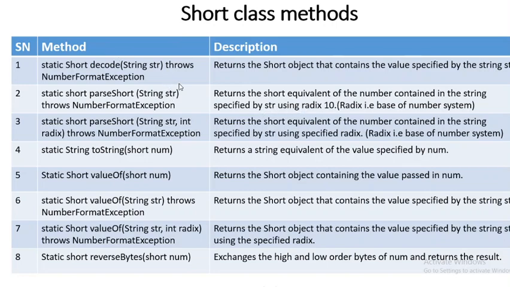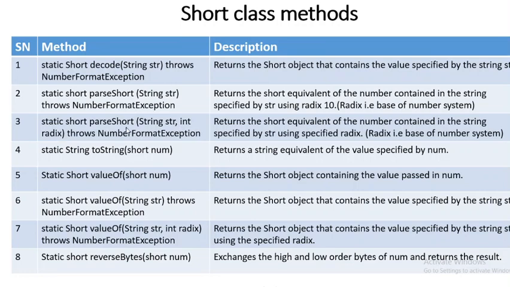So whatever string you are using over here, by considering 10 as the radix, it will be converted into the primitive short data type, and if this conversion is not possible, it will throw NumberFormatException. The third method is similar to the second method, the only difference is here we can specify the radix also.